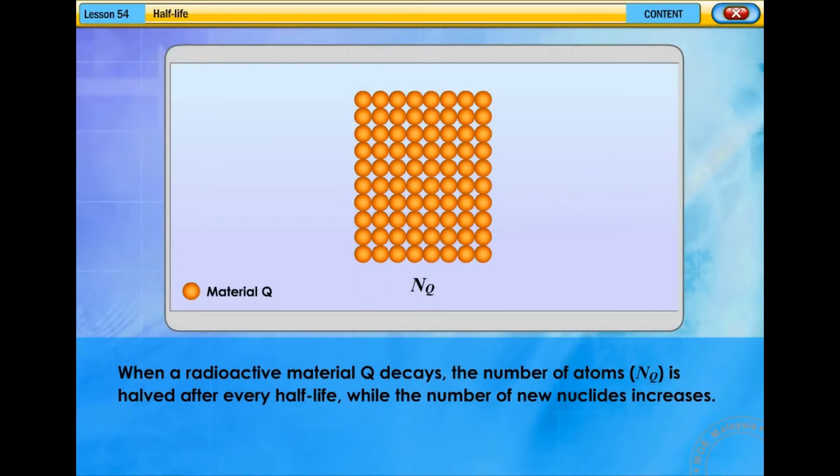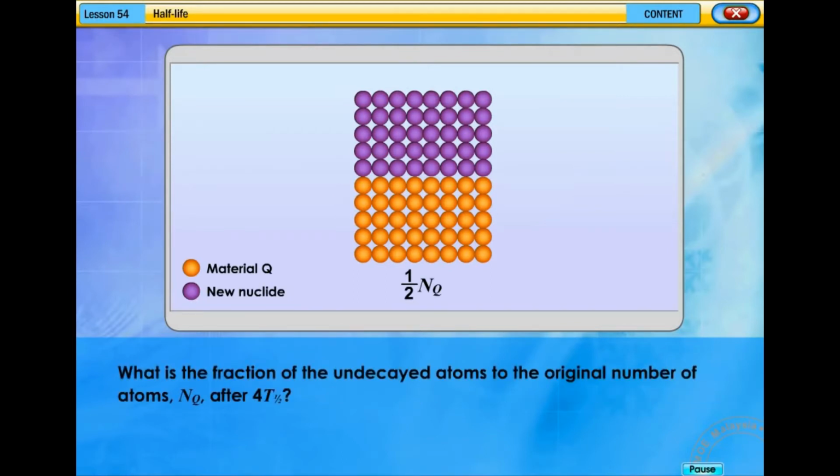When a radioactive material Q decays, the number of atoms is halved after every half-life, while the number of new nuclides increases. Of the undecayed atoms to the original number of atoms, NQ, after 4 half-lives.